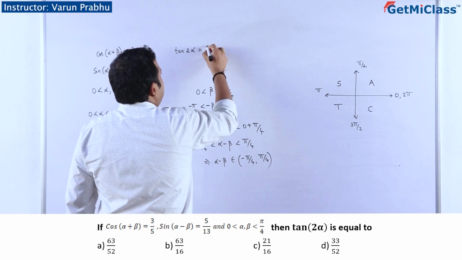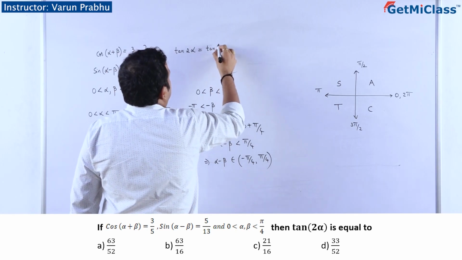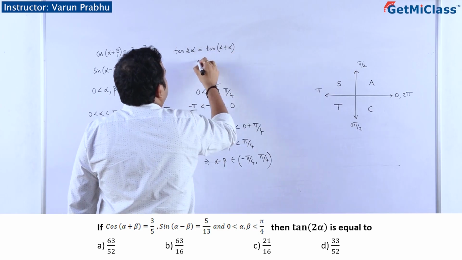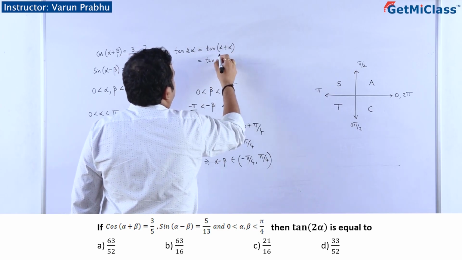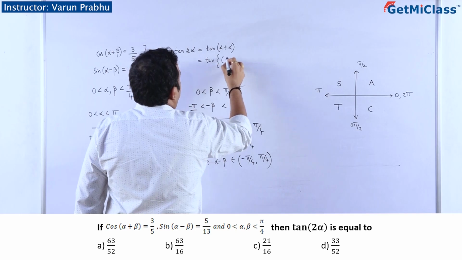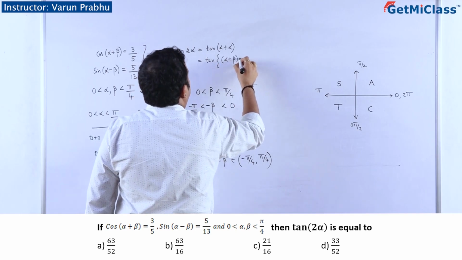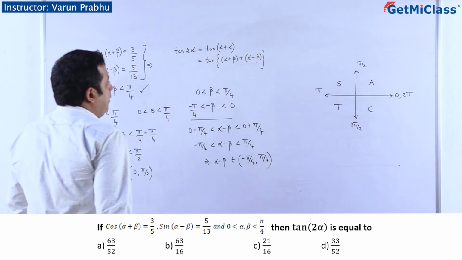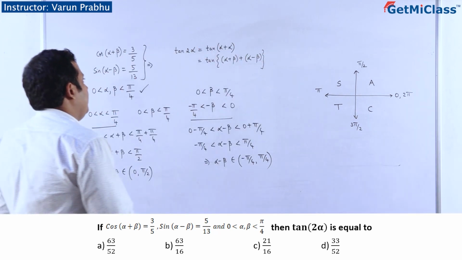So, now we can say tan 2 alpha can be written as tan of, see here, tan of alpha plus alpha, which can be written as tan of, can we not write like this, tan of, see, alpha plus beta plus alpha minus beta. Are you getting it? Tan of alpha plus beta plus alpha minus beta.